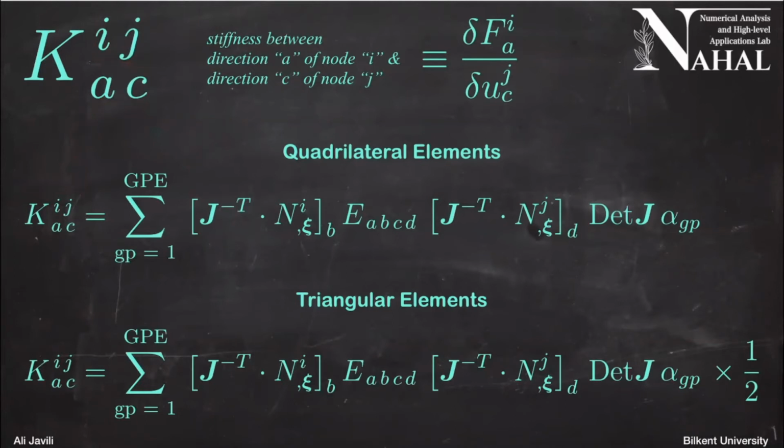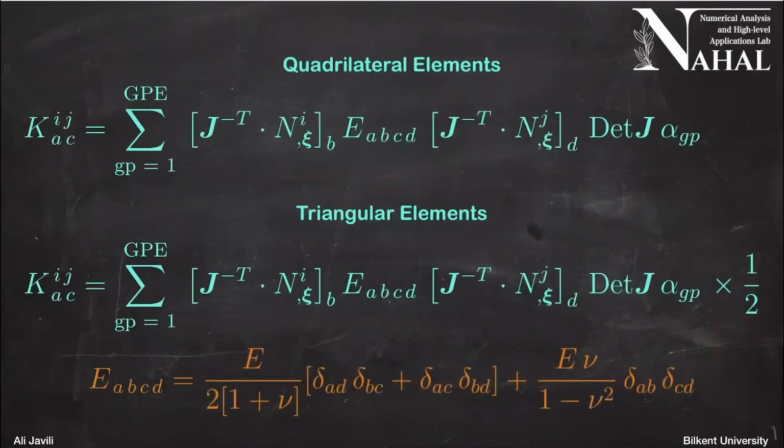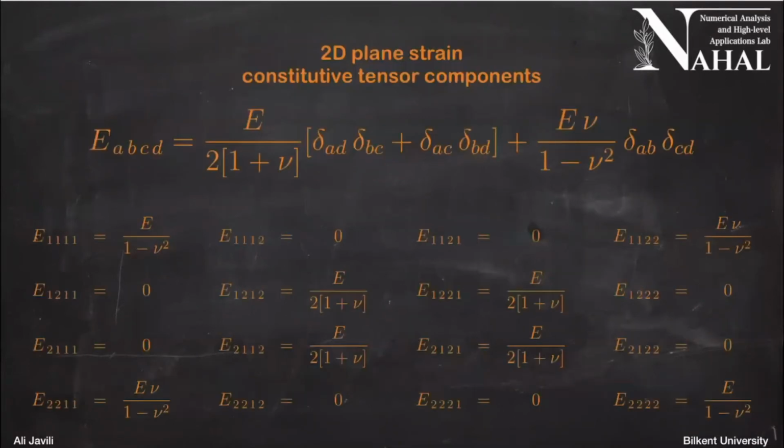Now you see the two formulas are basically identical, except for this one half that you have because your element is triangular. In this format, again, E is basically this. This is the definition we had for the constitutive tensor.